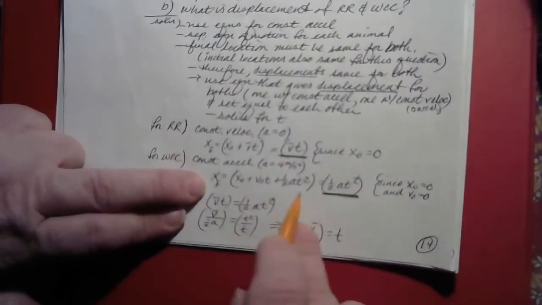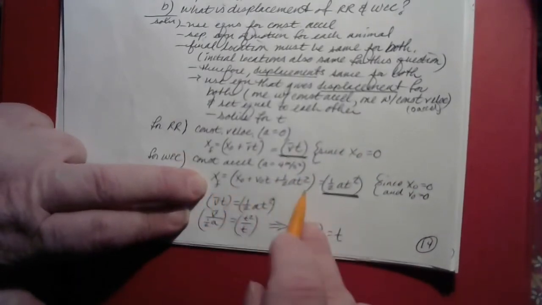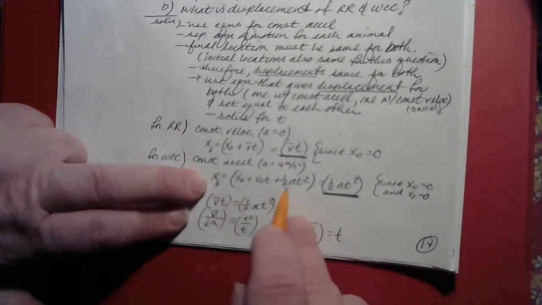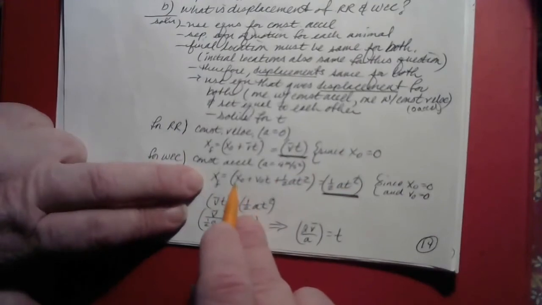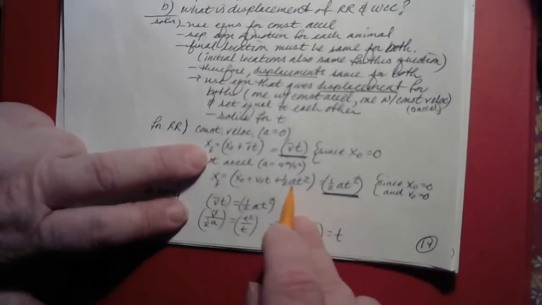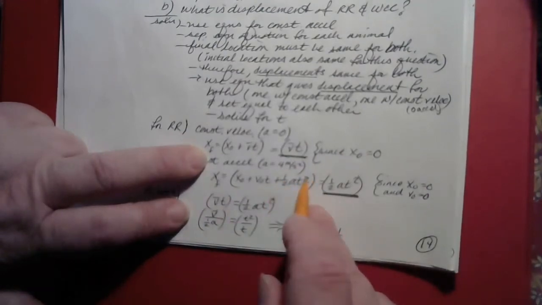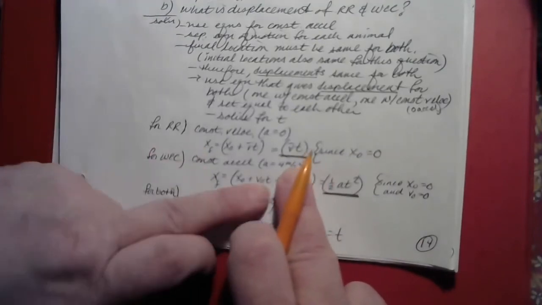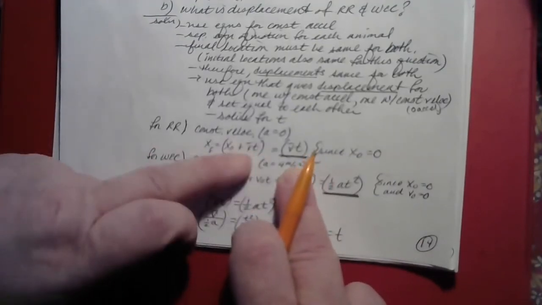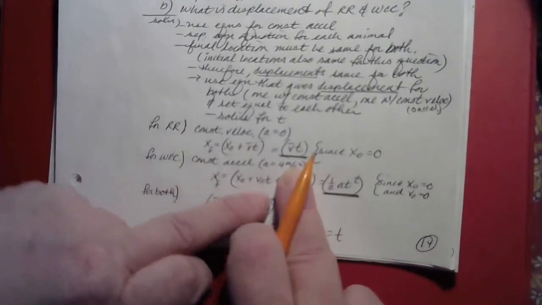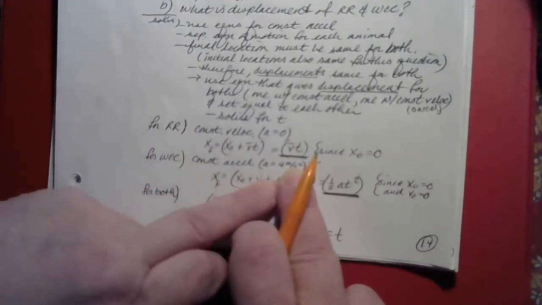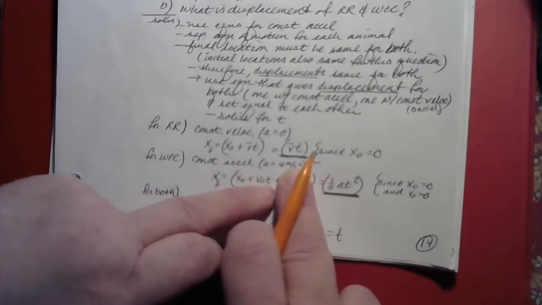Also notice that you could have used this equation for the Roadrunner as well. It's just that for the Roadrunner, acceleration would be 0. And so 1/2 times 0 times time squared, that term would drop out. What you would have left is essentially the same equation that we're actually using. In this case, the equation says original velocity times time.